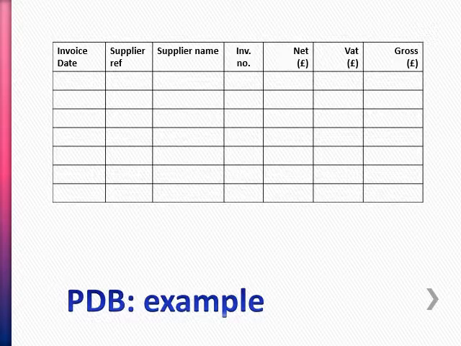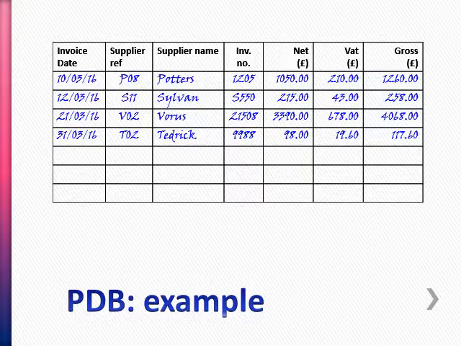Now the columns can of course be placed in a different order, and it's fairly common that different businesses may use slightly different ordered columns. But then what we do is, when we receive an invoice from a supplier, we will record that information from the invoice into the Purchase Daybook.